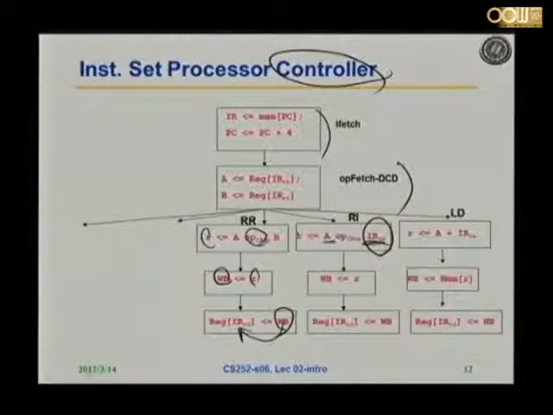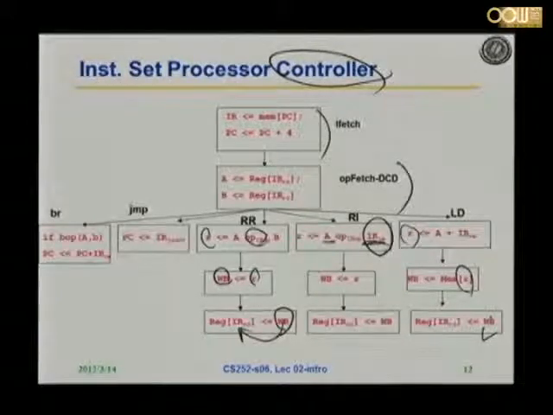And then for the load, we calculate effective address, use it to read memory, and then write the result back. For the store, do we have store? No store? Okay. For the store, we do this.